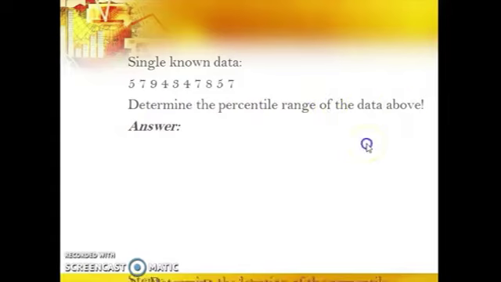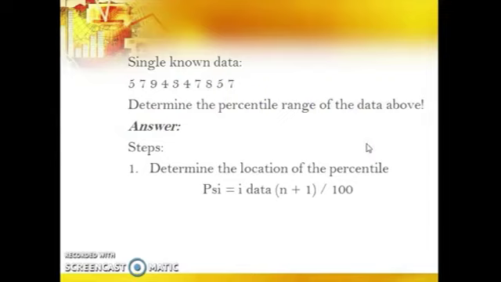To answer that, remember the formula for the location of the percentile: PSi equals i times (n plus 1) divided by 100, with PSi equals percentile i, n equals amount of data, and i equals 1 to 99.